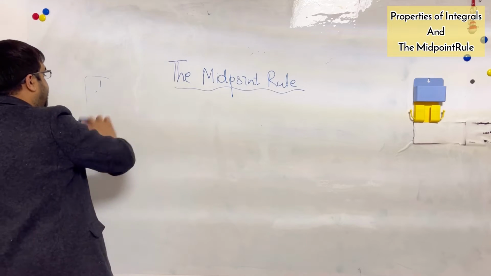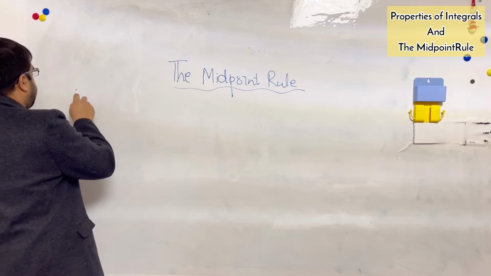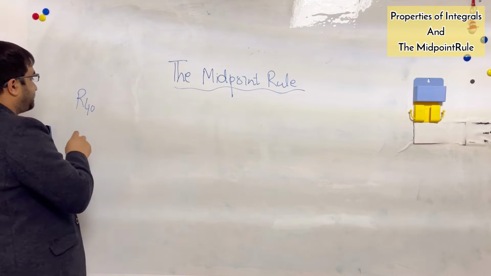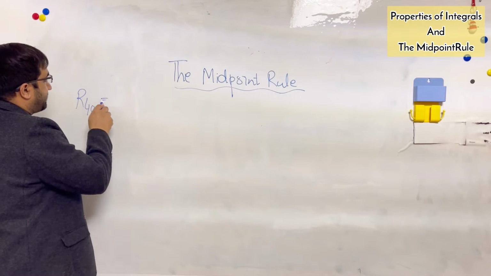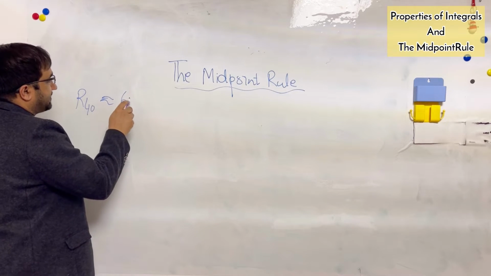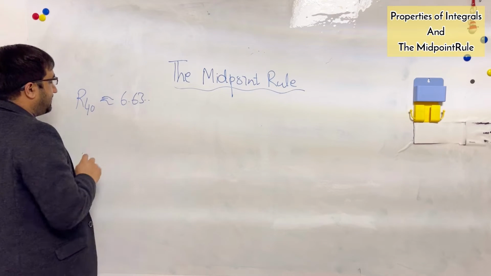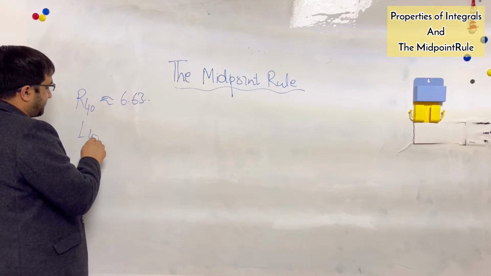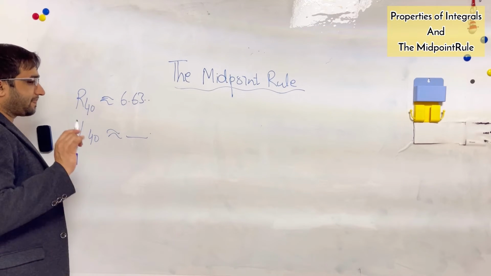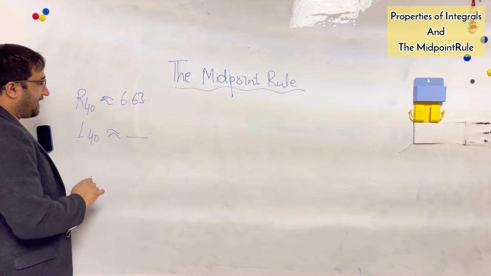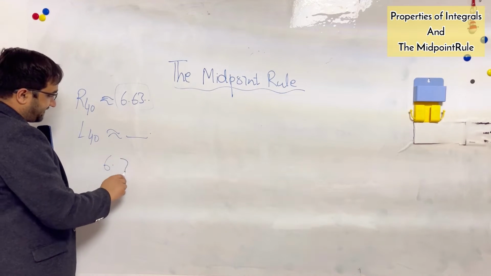to find an integral, and we will see that, for example, R40, I told you for that specific question, was nearly equal to 6.63 something, and L40 was nearly equal to the same, but the actual answer to that limit was 6.75.